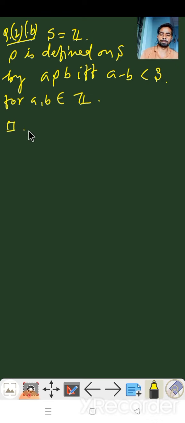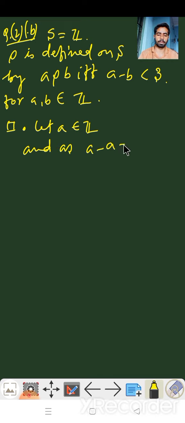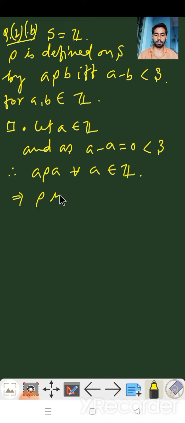In the first step, let a belong to Z. As a minus a equals 0, which is always less than 3, we can conclude that a is related to a for all a belongs to Z, which implies that rho is a reflexive relation.